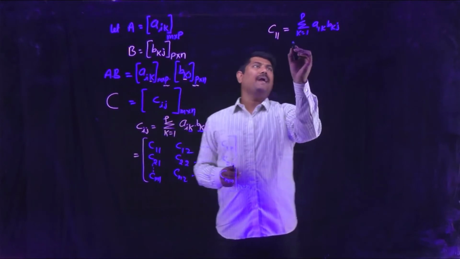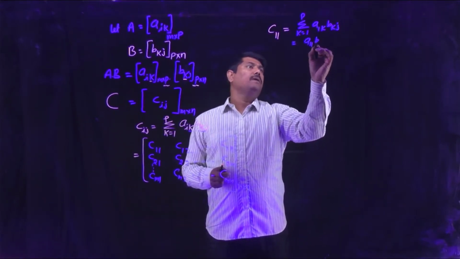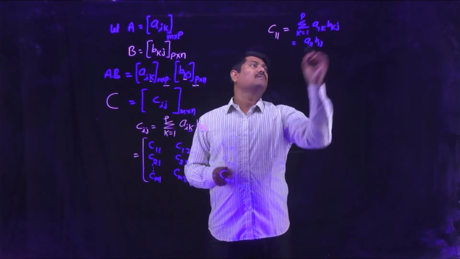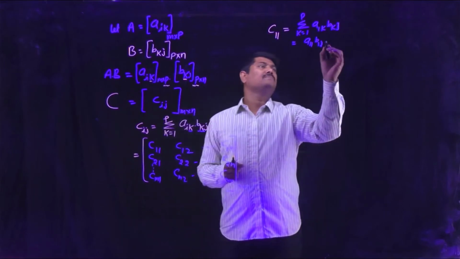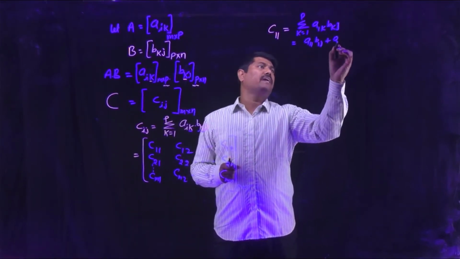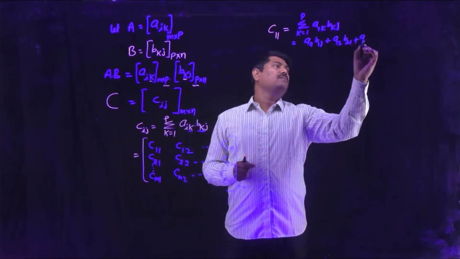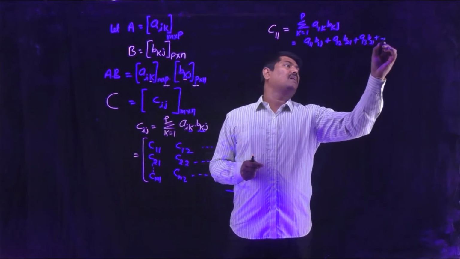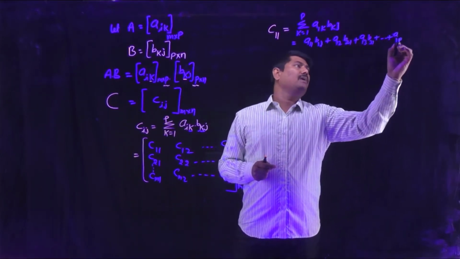If you expand this, k equal to 1, you will get a_11 b_11. Substituting i with 1 and j with 1, plus next k with 2, you will get a_12 b_21, plus a_13 b_31, and so on. The last one, up to p, is a_1p b_p1.